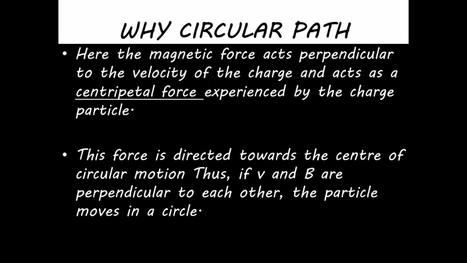And do you remember the direction of the centripetal force? Yes, that is radially inwards towards the center of the circle. This centripetal force, which is a magnetic force only, will be radially inwards towards the center, and we get this force radially inward only when velocity and magnetic field are perpendicular to each other.